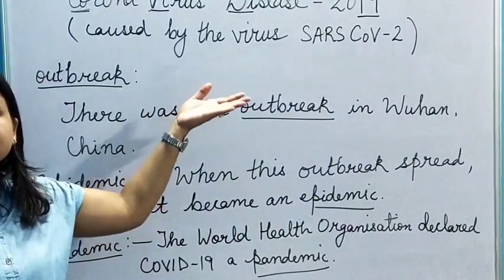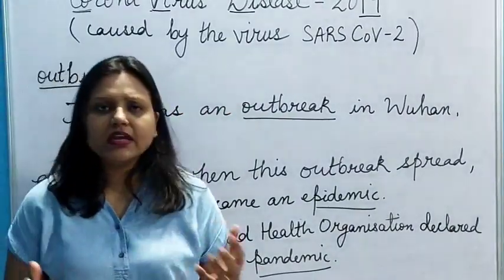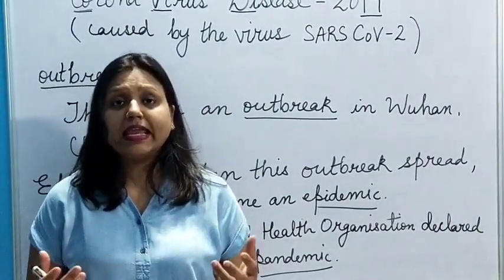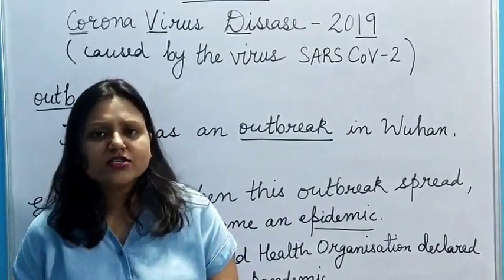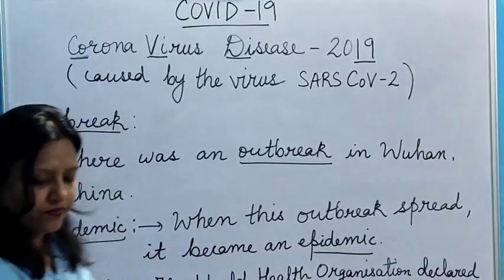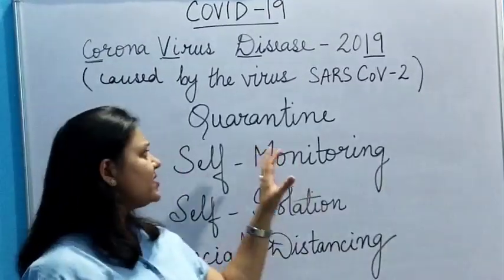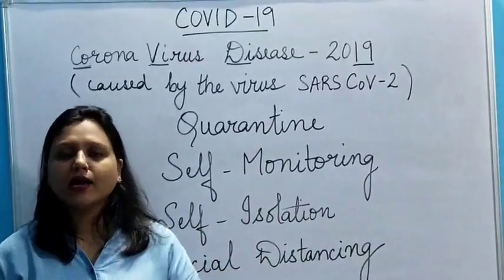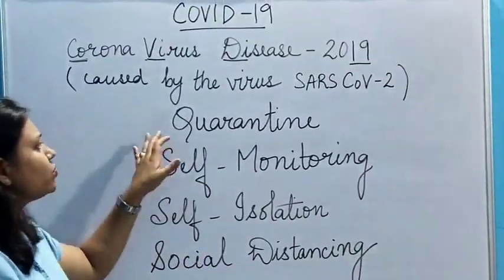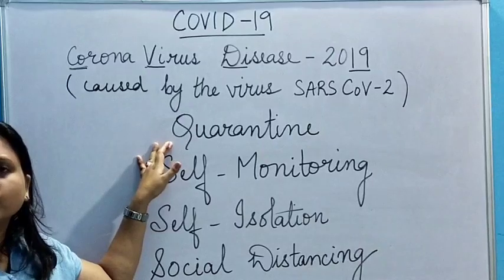Now I'm going to discuss a few of the terms which are related to this COVID-19. Just because of this disease, we are hearing these words again and again, namely quarantine, self-monitoring, self-isolation, and so on. These are a few important terms which we are hearing every now and then. The first one is quarantine. This is a very common word.